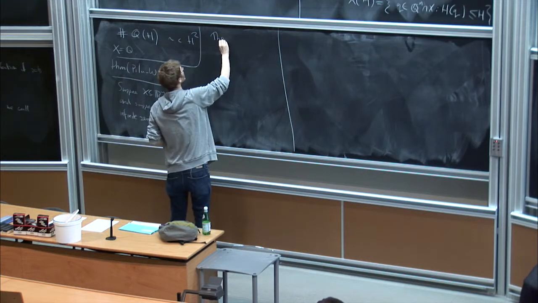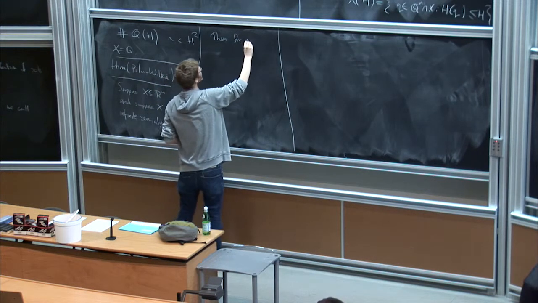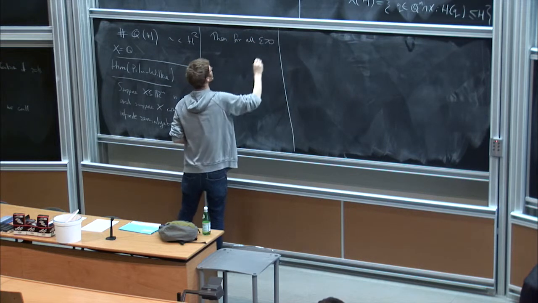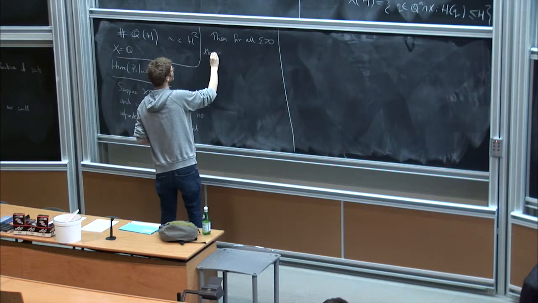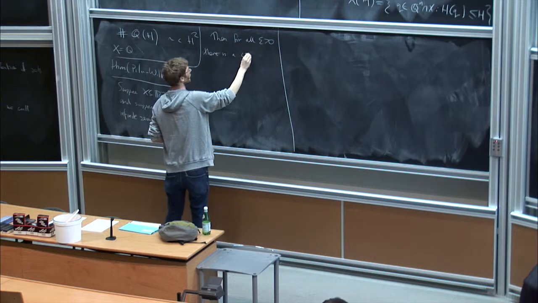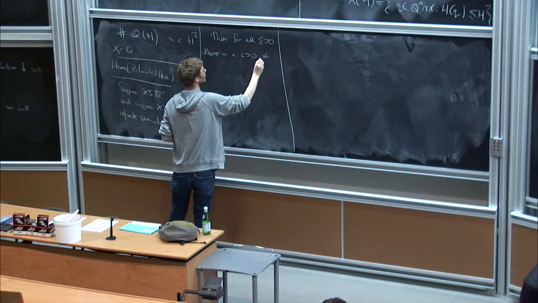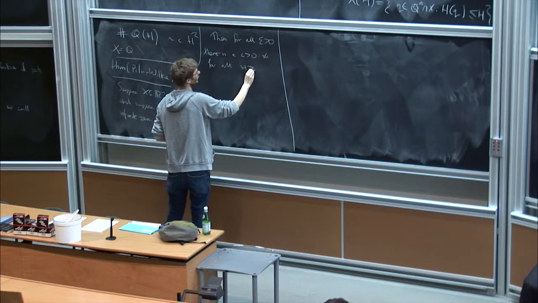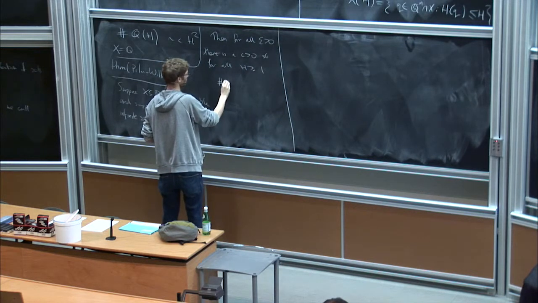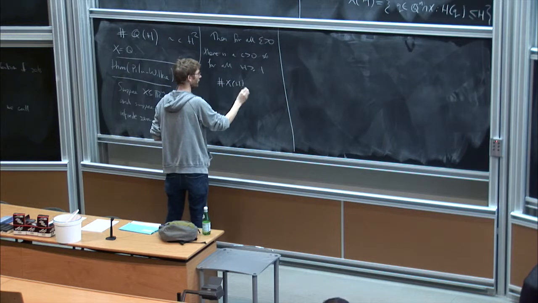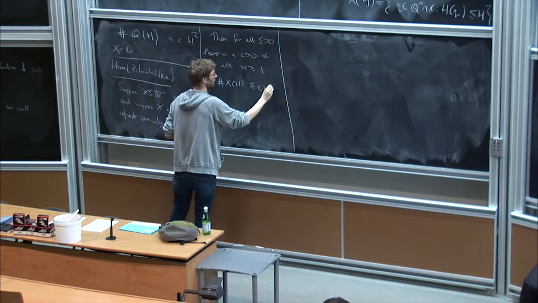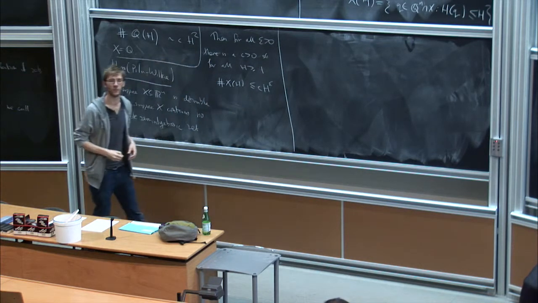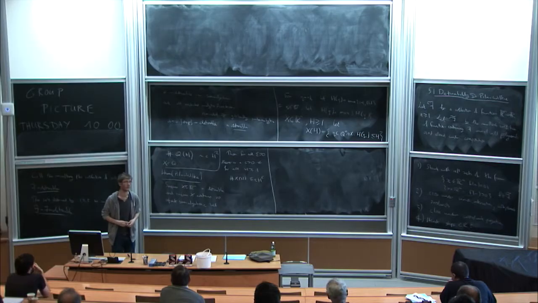Then for all epsilon, there is a C such that for all H, this set has at most C H to the epsilon points of height H lying on it.